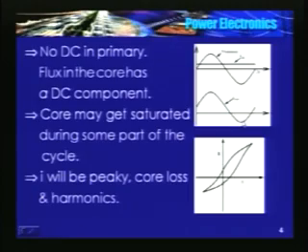What is the effect? What is the consequence? What will happen if there is a DC flux in the core? Again, our machine teacher might have told you that invariably we operate the machines or any magnetic circuit at the knee point. A knee point is the point wherein the saturation just begins to start.